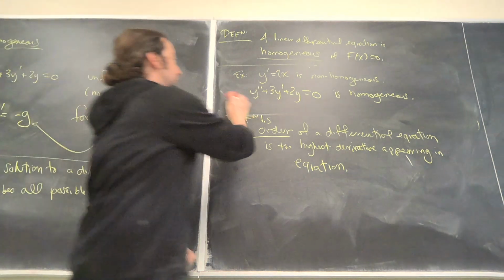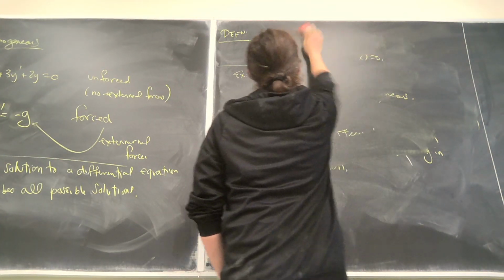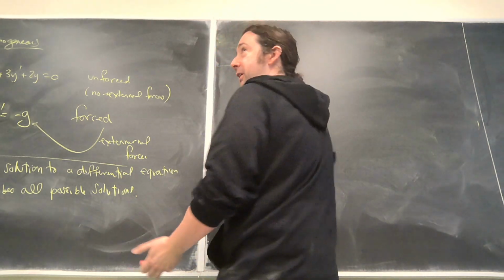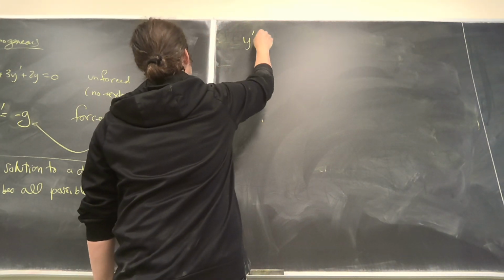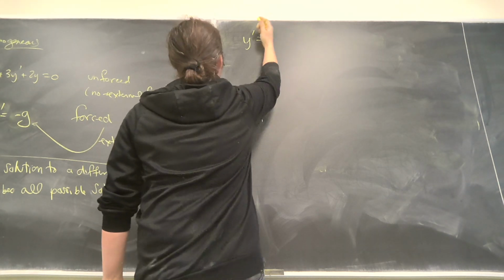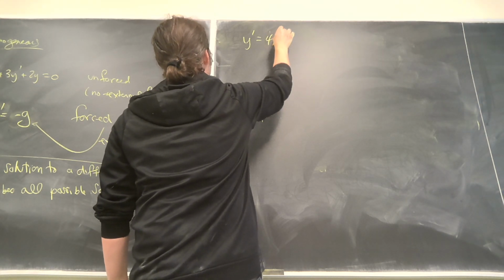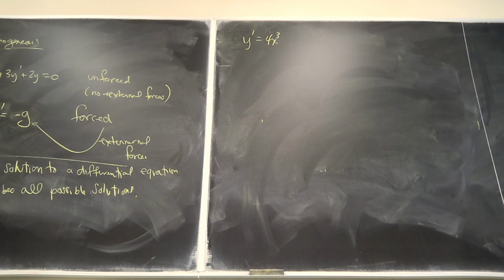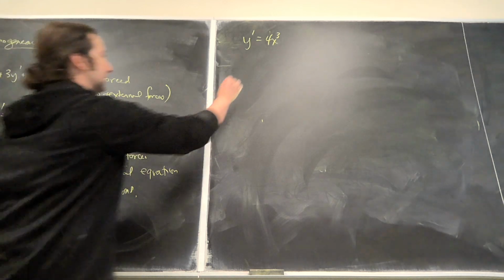So for example, here's a really easy differential equation. We can solve this one without any technique at all. y prime is equal to, I don't know, how about 4x to the third. That's a differential equation. What is its solution? y equals x to the 4th plus c.